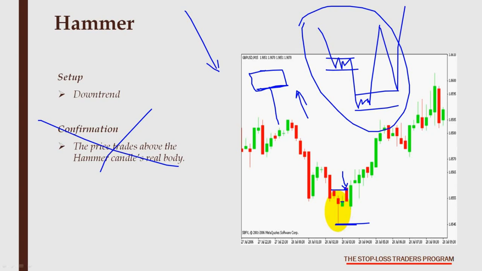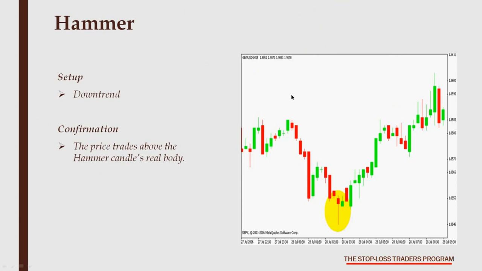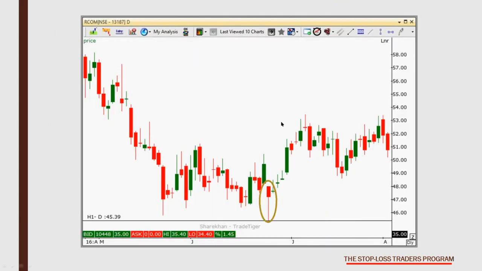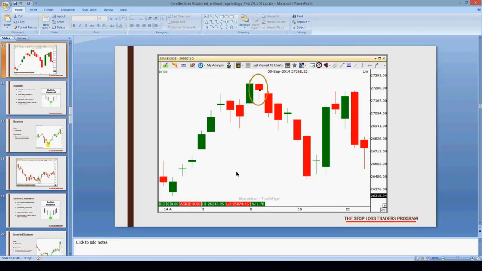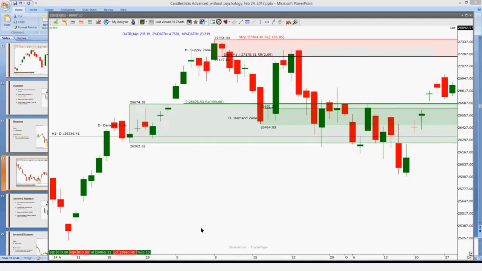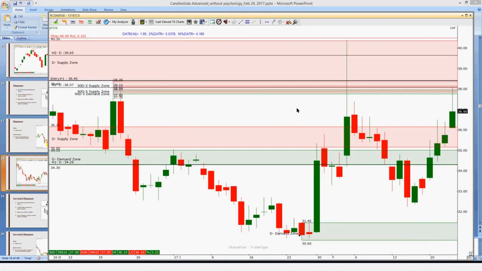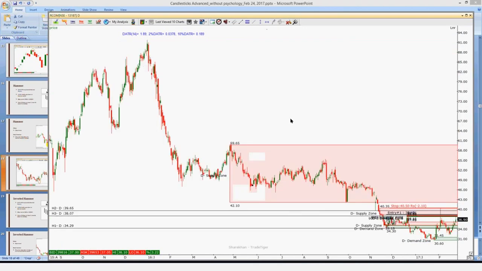Okay. So I have one such example with me, that is the RCOM. Can you see this? I'll open the RCOM chart for you. Okay, I'll open the BSE one.